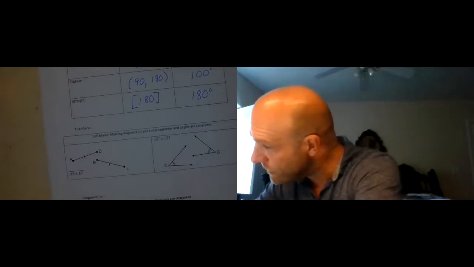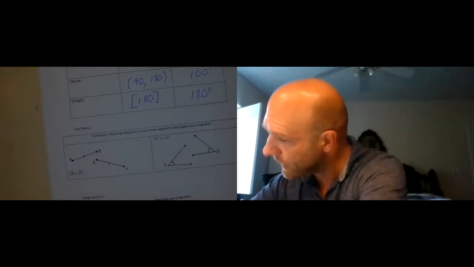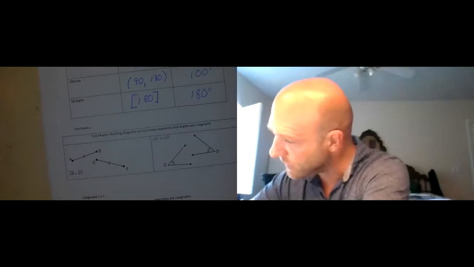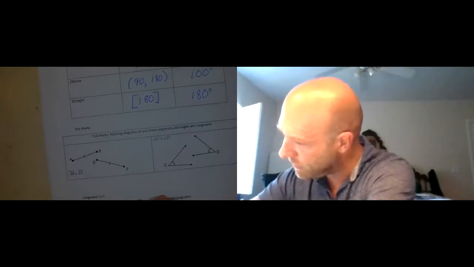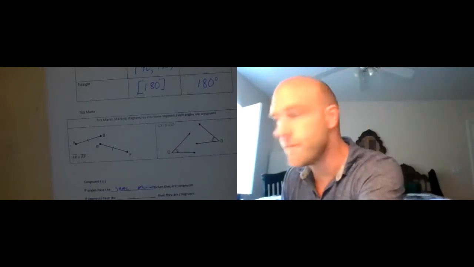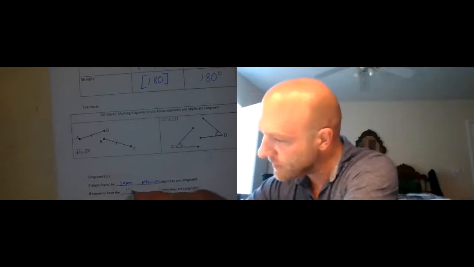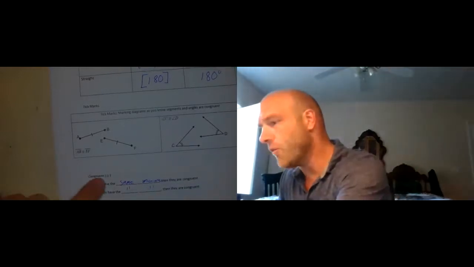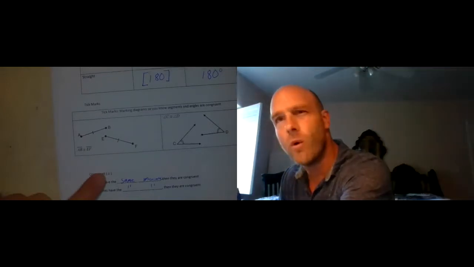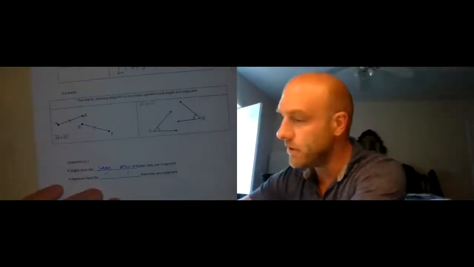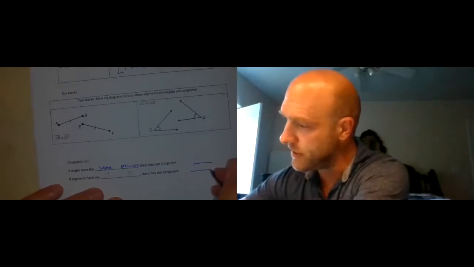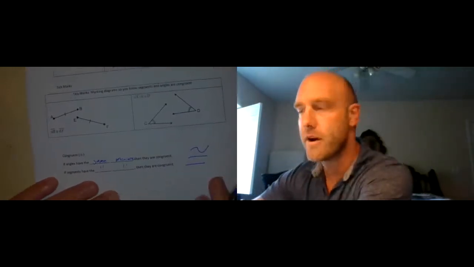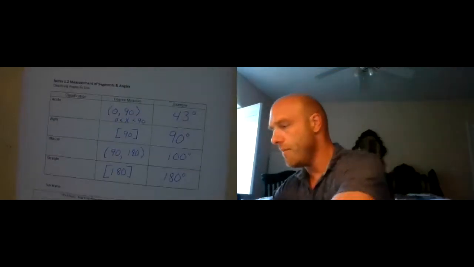If angles have the same measure, or measurement, I wrote measure, it is shorter, then they are congruent. Same thing over here. Congruent is like an equal sign with a little bit more. I don't know if that's visible on mine. It should be definitely visible on yours, but there it is, nice and big, like an equal sign and something more.